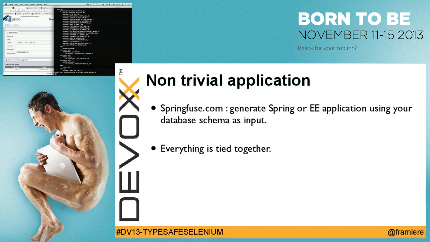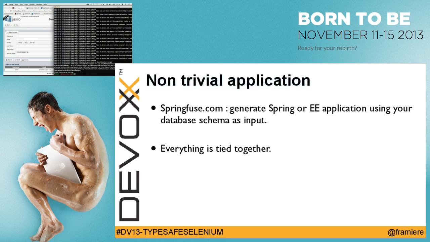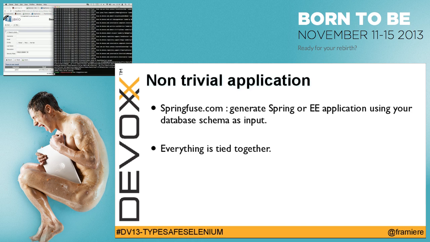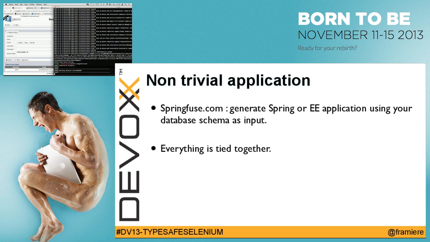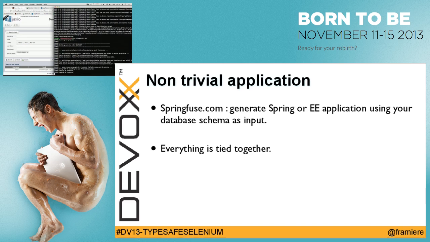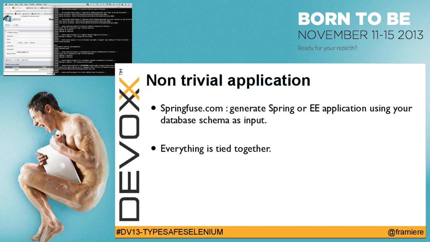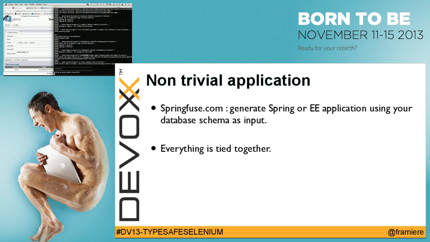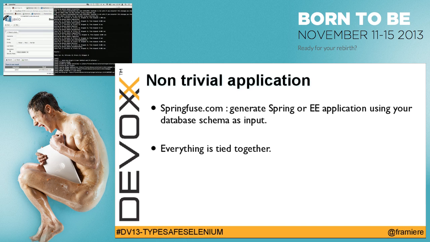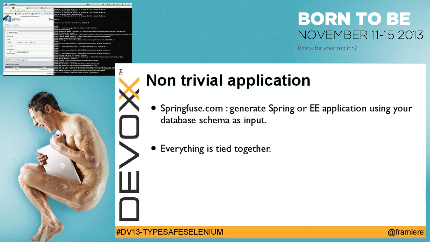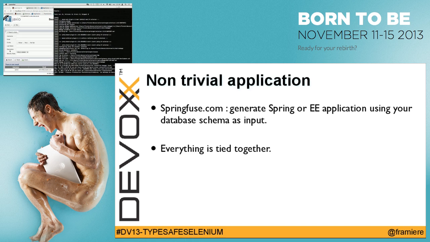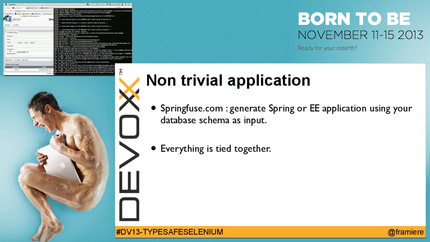So, perfect. Let me run the final result I want to show you. So everything that you've seen so far, you can do it by yourself using the Spring Fuse code generation. So I did run the unit test.